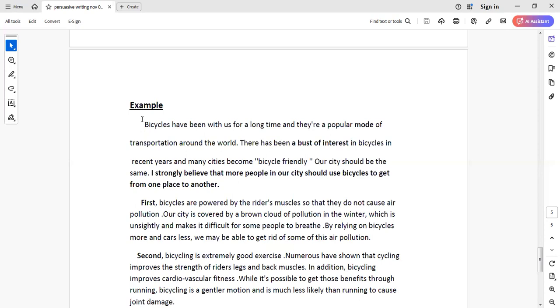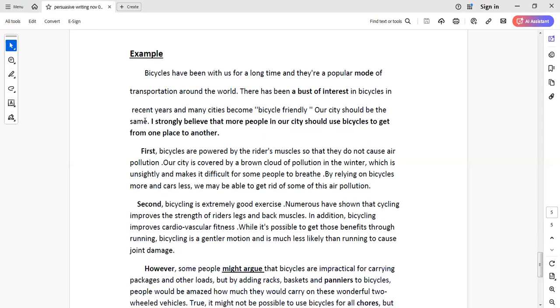Now, let's read the introduction. Bicycles have been with us for a long time, and they are a popular mode of transportation around the world. There has been a burst of interest in bicycles in recent years, and many cities become bicycle friendly. Our cities should be the same.